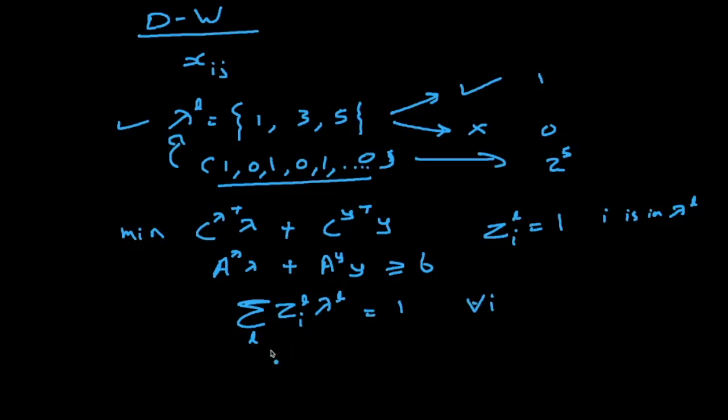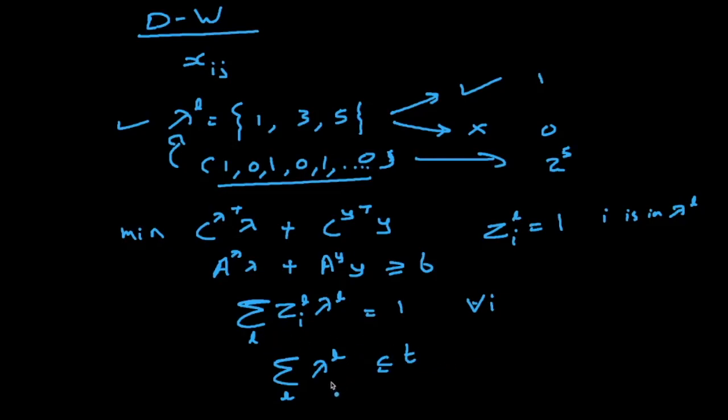So that's one constraint, and the other one that we previously did not need is that we need exactly, or rather at most, t subsets, right? So we can have this kind of thing: the sum over all the selected lambdas should be less than or equal to t. Okay, so this is something that we previously did not need, but now we need that.